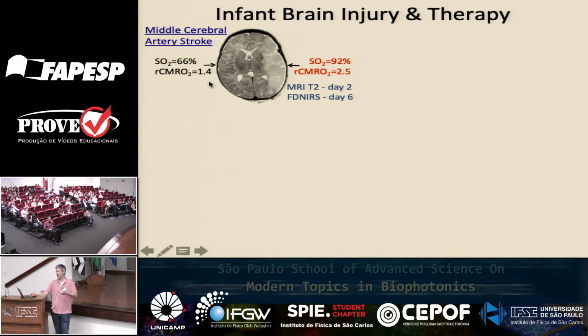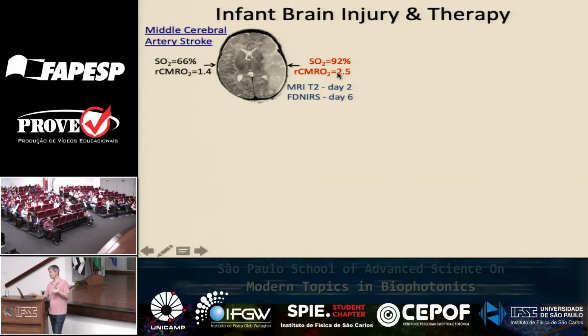It's actually somewhat elevated. If we look at the injured cortex, we see a very high oxygenation, which you might expect if you think the tissue is dead, it's not consuming oxygen. And if it's not consuming oxygen, hemoglobin oxygenation will be high. But in fact, when we measure blood flow, we actually see that the consumption of oxygen is very high, right?